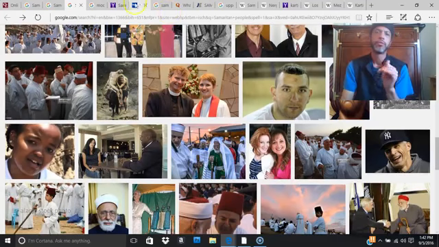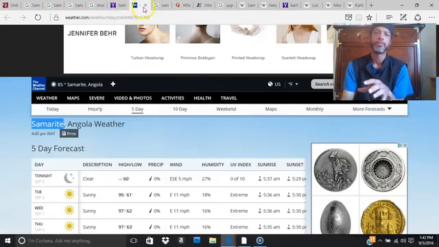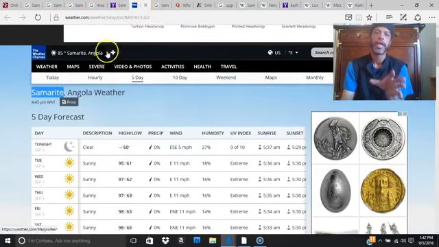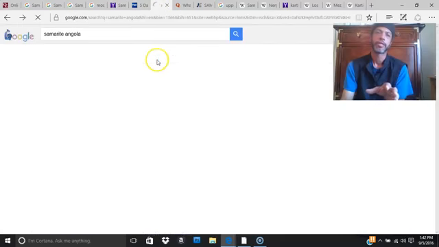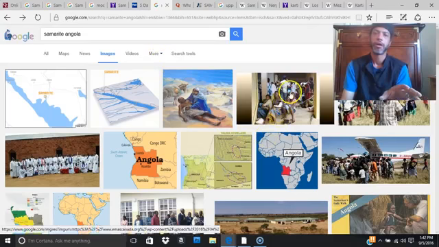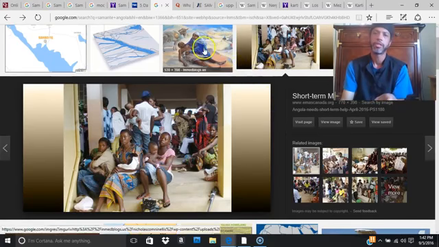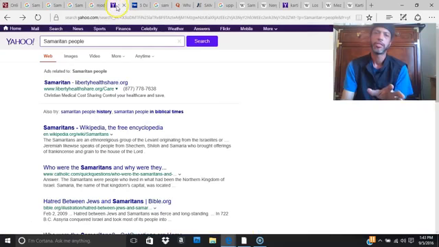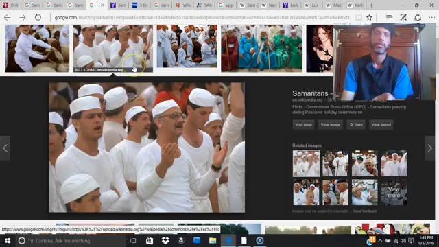They done put dark-skinned people in the land where they came from to be able to look back and say, these are the Samaritans, because they live in the city of Samaria. In all reality, these are the Samaritans, and they even keep the name to this day.